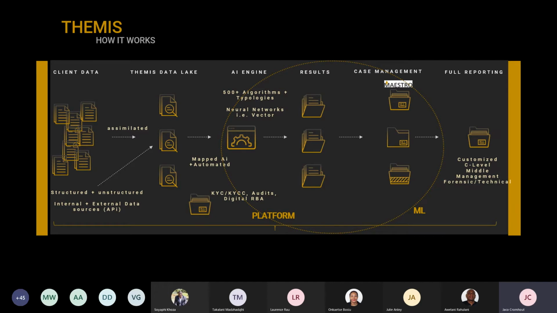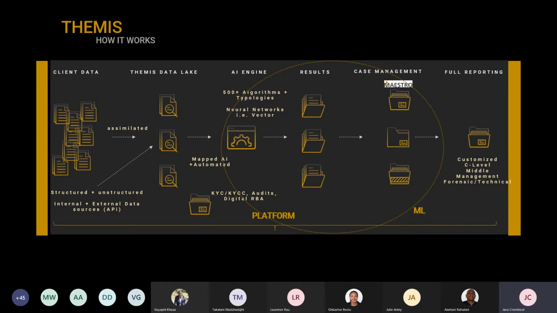This is very important to ensure that we can provide our end customers with a solution that makes sense. Everything is pulled into what we call a Themis data lake. From the data lake, we map it to our AI engine, and from our AI engine, we get results. The results we put into our case manager.